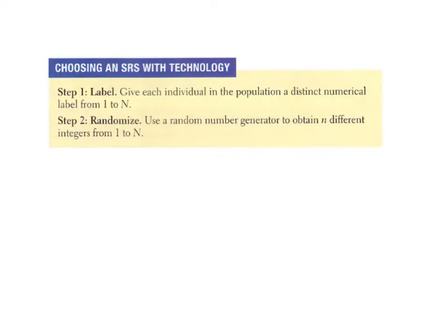So if you're choosing to do a simple random sample using technology, the first step is to give every individual in the population a numerical value. Let's say we're trying to take a sample of 50 students from our school. I think we started with 2,055 students.